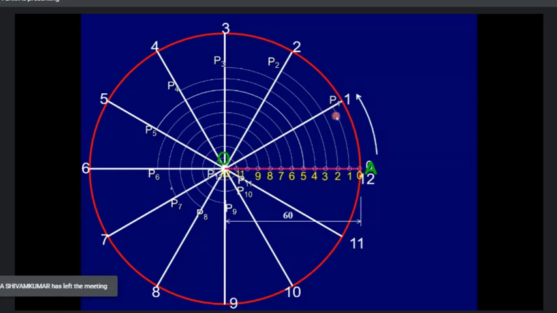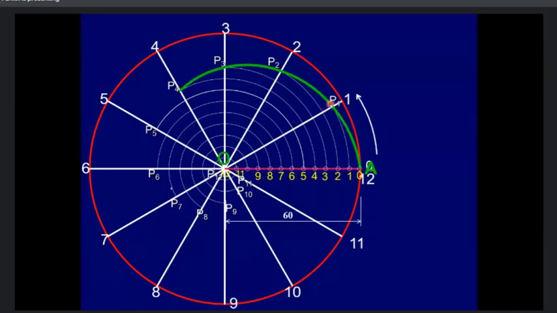Once you are done with that, you need to connect all the points with a smooth curve. That is nothing but an Archimedes spiral. So connect A with P1, then P2, then P3, P4, and so on. It should be a very smooth curve, ultimately a freehand curve.